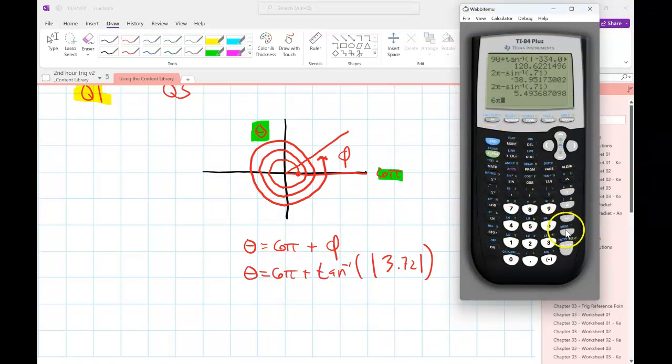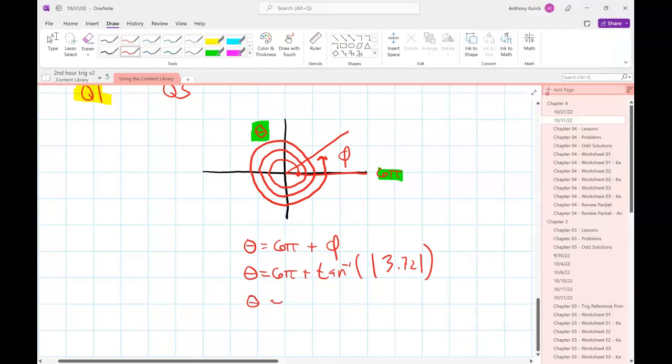So 6 pi plus tan inverse, and I'll do the absolute value in my head. So the absolute value of 3.72 is just 3.72. And I get 20.16. Is everybody okay with this?